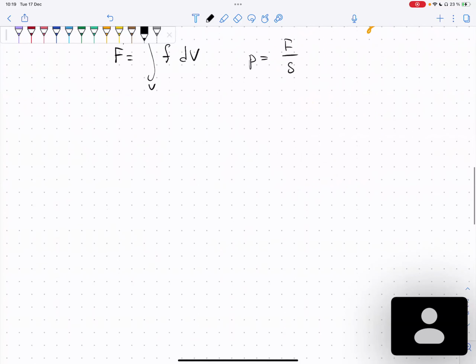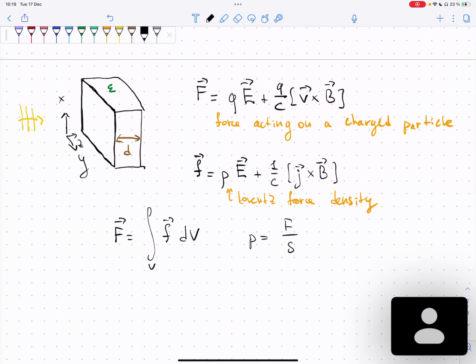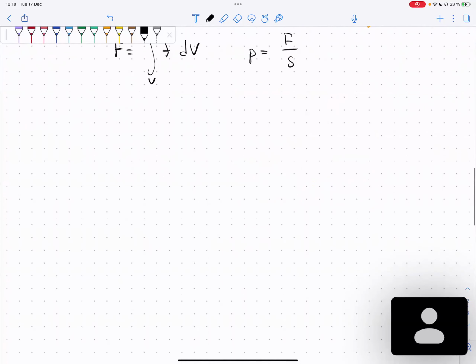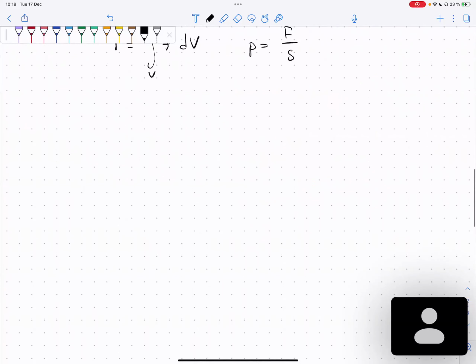It will be not like a rectangle. Let me consider the disk like in the experiment by Piotr Lebedev.